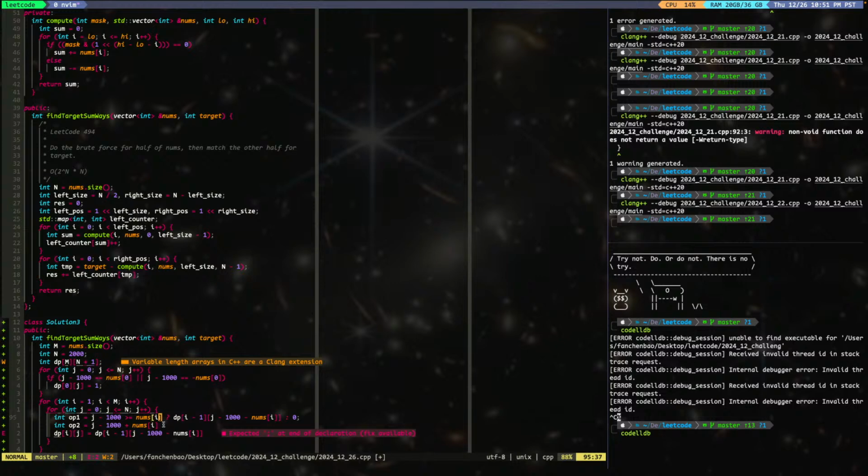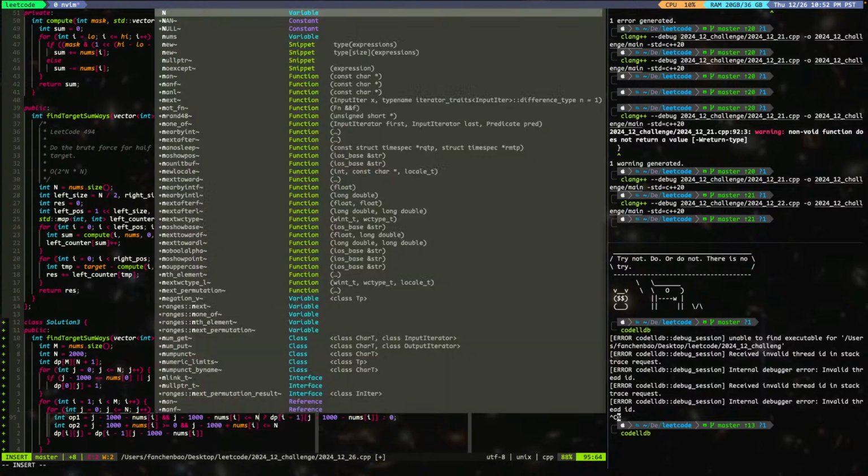So this plus this needs to be larger equal to 1000. I think it requires larger equal to 0 and smaller equal to n. Yeah, I might as well just change this so it's easier to reason. Smaller equal to n.